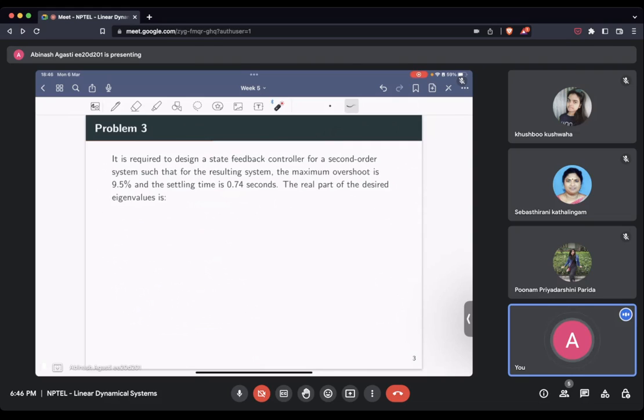Given that we have that knowledge, how do we use that knowledge to find out the design, like what are my desired eigenvalues? So any ideas we have about how do we proceed from here?